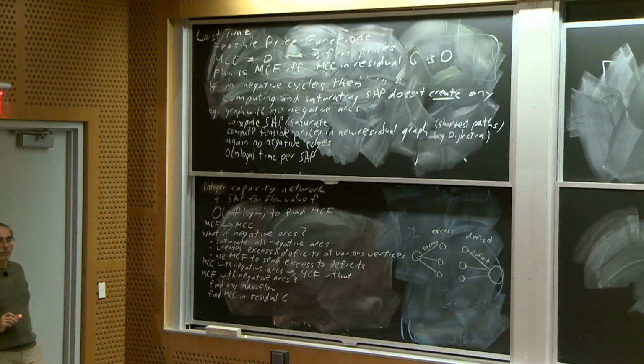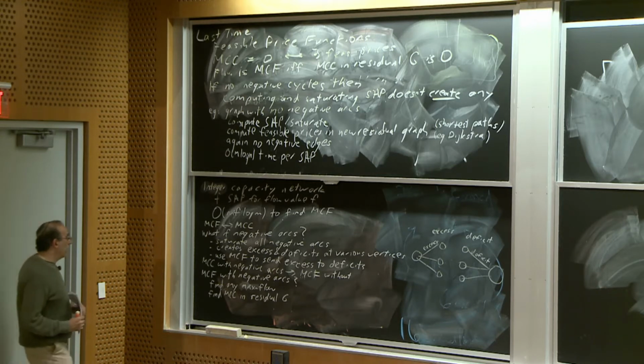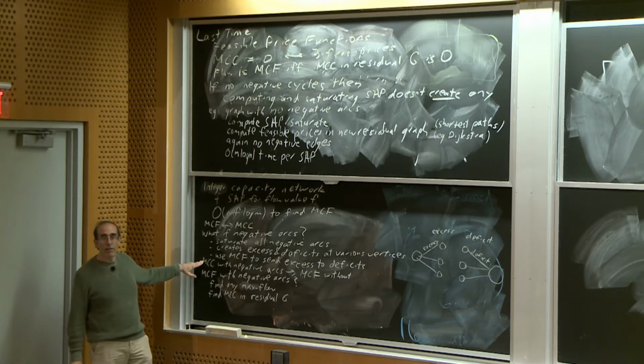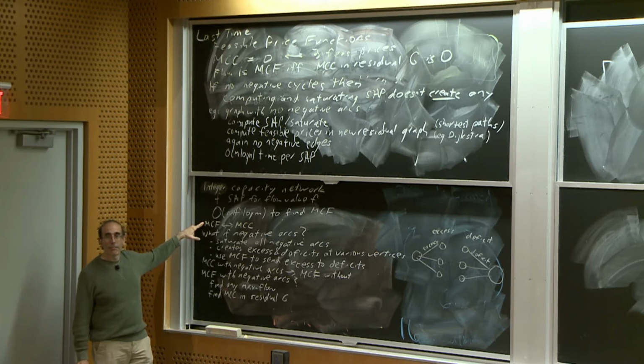And because the max flow that we found was not a min-cost flow, there might be negative cost arcs in the residual graph, but that's okay because we just saw how to solve a min-cost circulation problem even if there are negative arcs. How do we solve it? Well, by saturating those negative arcs and turning it back into a min-cost flow problem without any negative arcs.